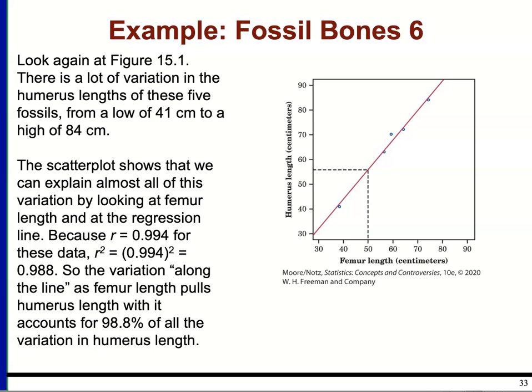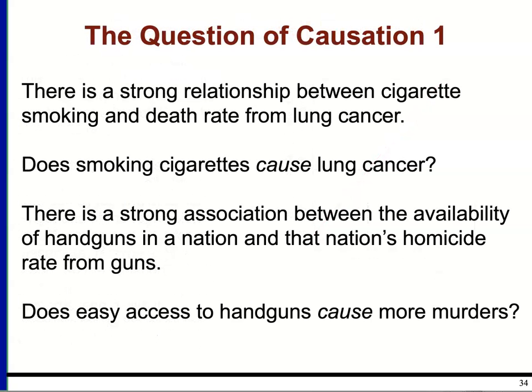So what that tells us is that the variation along this line as femur length is pulling the humerus length with it, it accounts for 98.8% of all of the variation. So if you had 100% of the variation to be explained, the regression line captured 98.8% of it. So it did an excellent job. But sometimes if your R squared is lower, then it just means that the line did not do nearly as good of a job explaining what's really going on in the data.